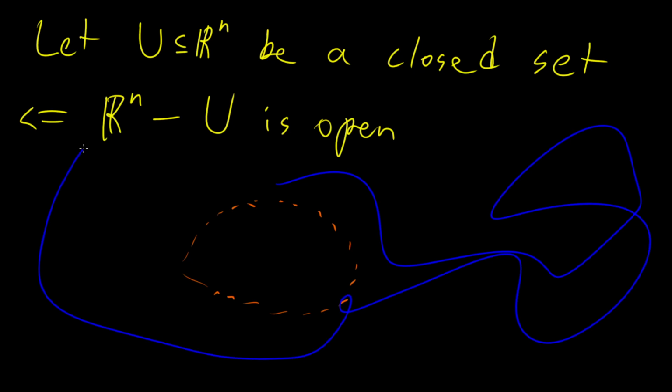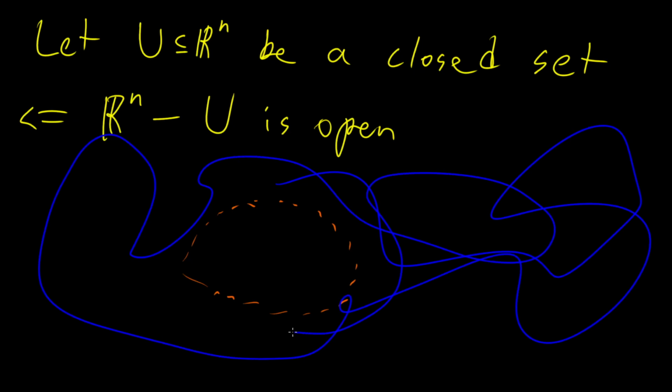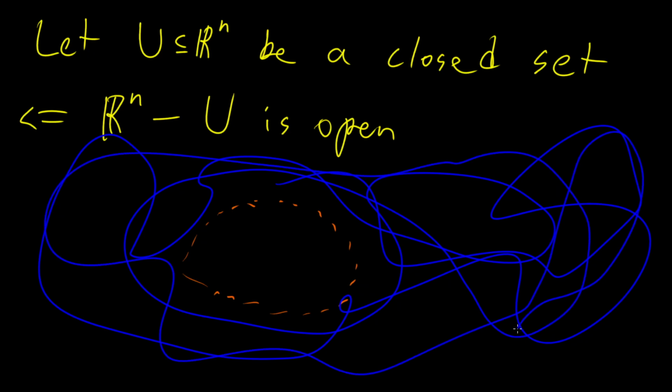All of this would be a part of the complement. And because the open set did not contain the boundary, then the complement to the open set would contain the boundary.